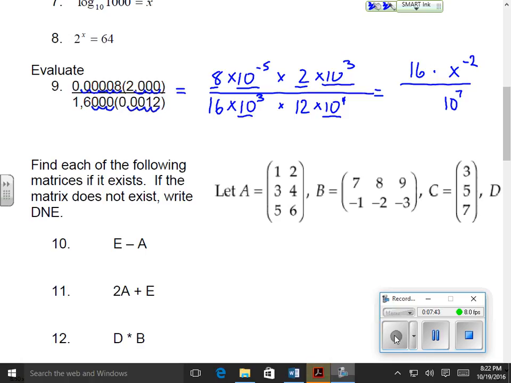So on top we have 16 times 10 to the negative 2. And on bottom we have 16 times 12 times 10 to the 7th. So what happens is the 16's cancel. This is supposed to be a 10.